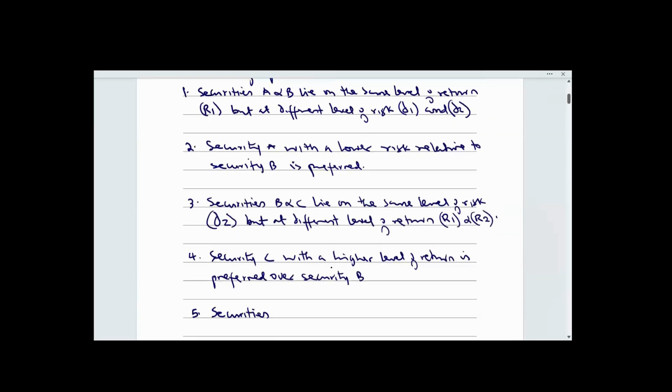All right, so securities A and C are preferred over security B, and they lie on the efficient frontier.